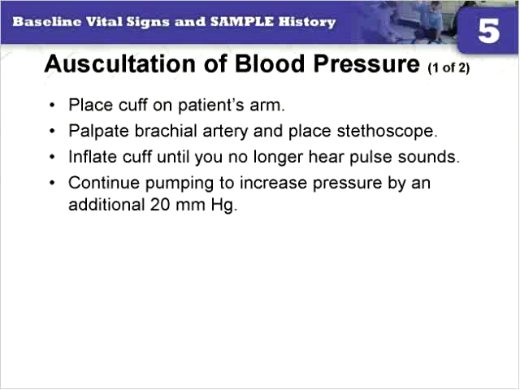Then palpate the brachial artery to make sure you can feel the brachial pulse. Then continue pumping until you have increased the pressure by an additional 20 millimeters of mercury.